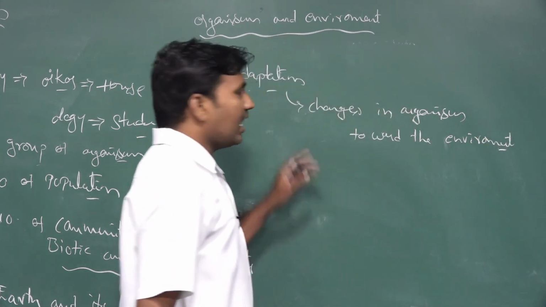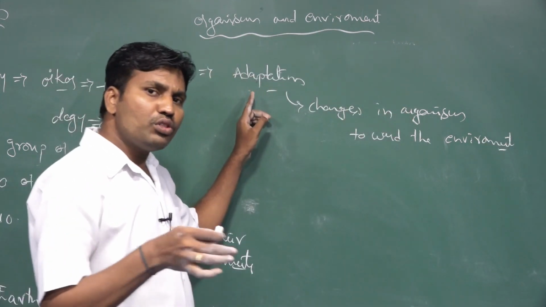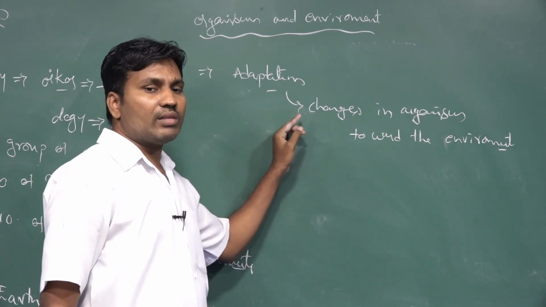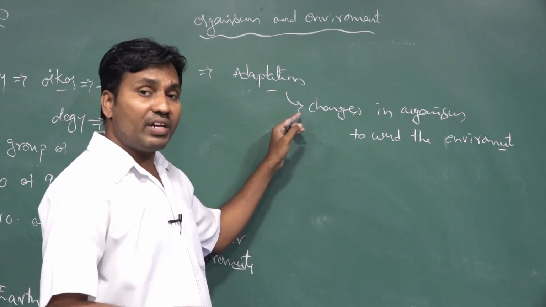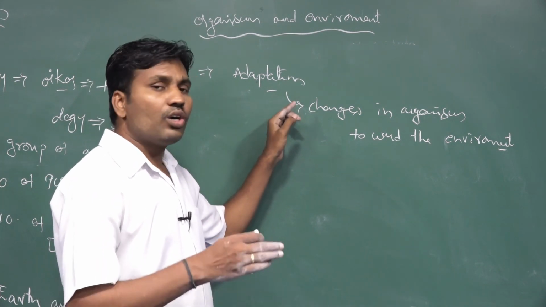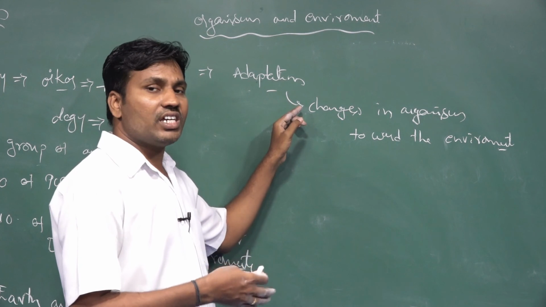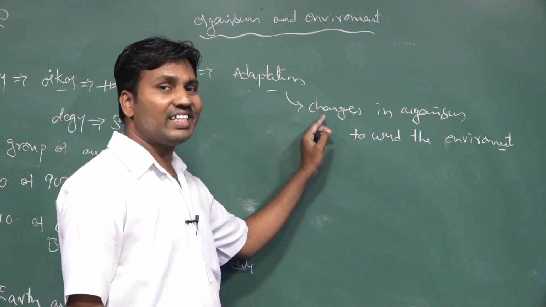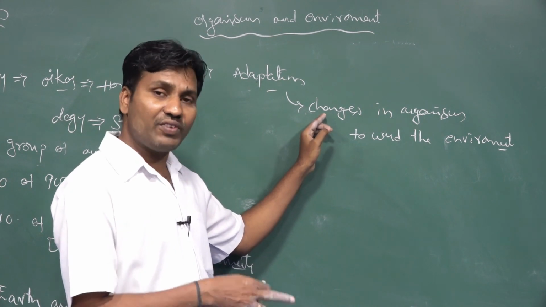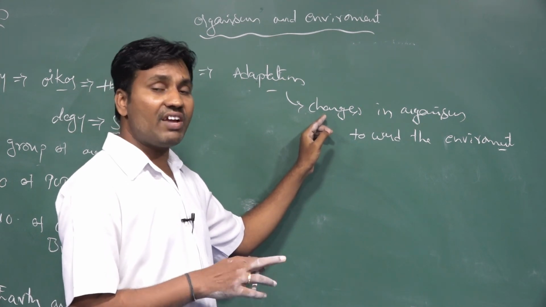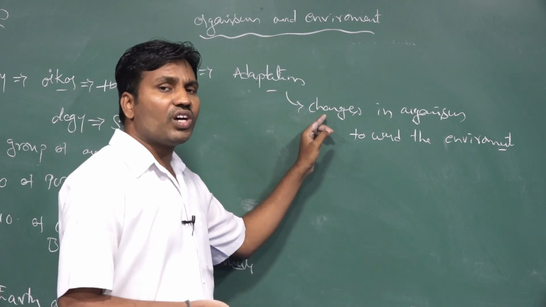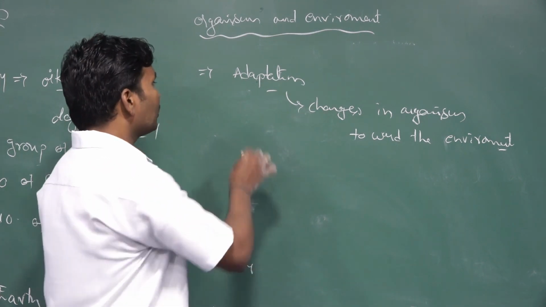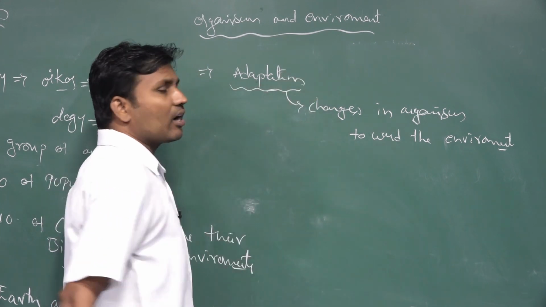Here the environment is continuously going to change. According to those changes, to survive beneficially and withstand those changes in the environment, organisms change morphologically or physiologically. That means behavioral changes, morphological and structural changes, and functional changes occur. Those changes are called adaptations.